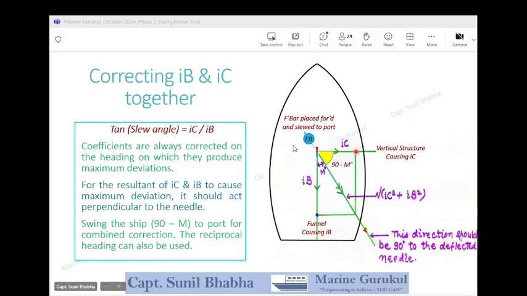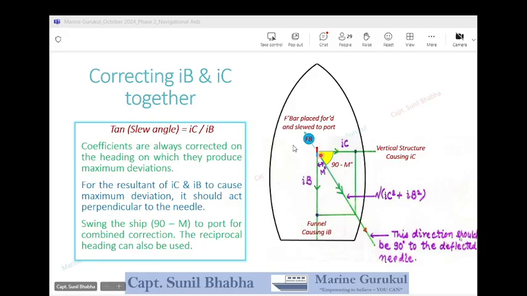Now if we take a resultant of these two coefficients, the resultant can be easily obtained by making a parallelogram. If you make a parallelogram using these two IB and IC vectors, the diagonal of the parallelogram gives us the resultant of these two forces.